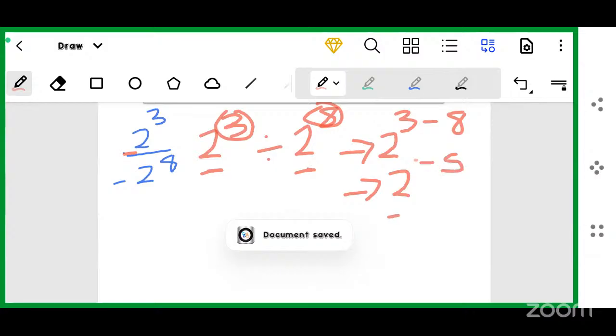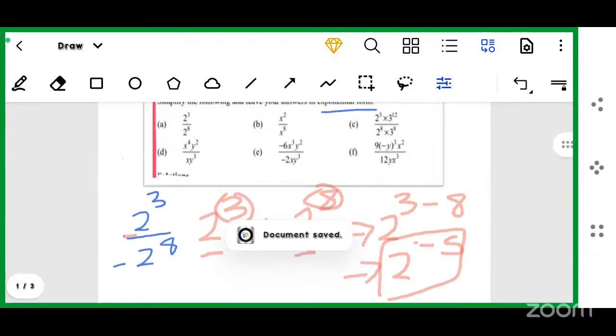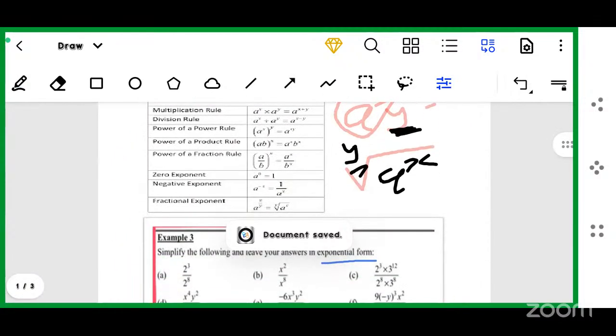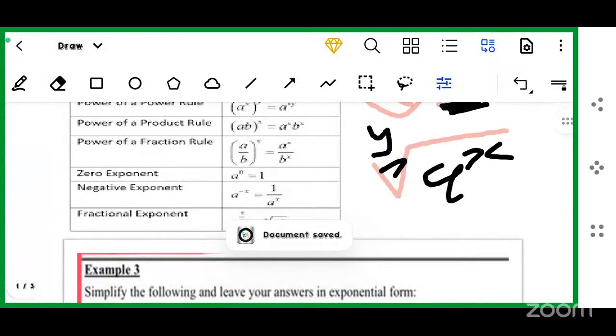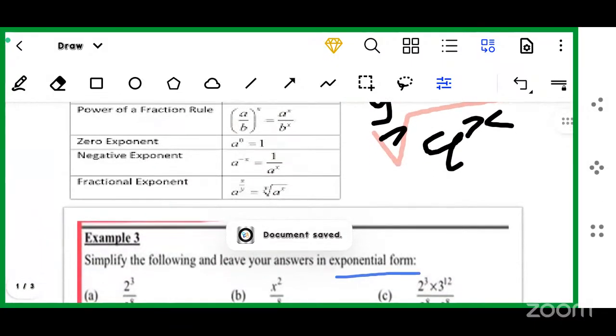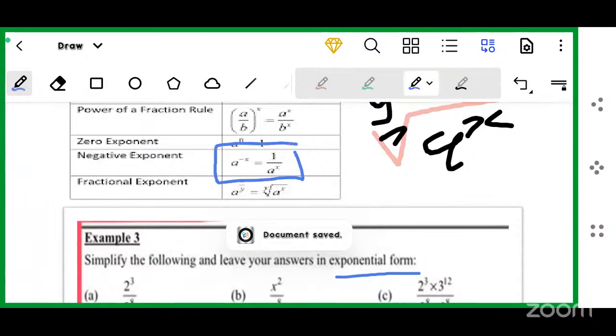So we go up there to the rule. There is a rule that says if you have something with a negative exponent, we can write it as 1 over something, which is this one. So it's the negative rule.